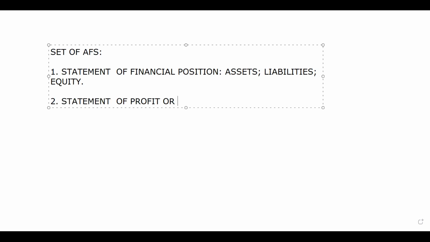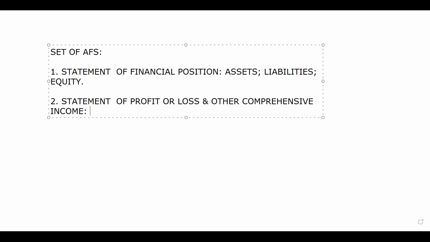Profit or loss and other comprehensive income. Now, in the statement of profit or loss and other comprehensive income, that's where we see the change in economic resources, which is incomes. Then, of course, we also see the change in claims against the organization, which can be reflected as expenses.